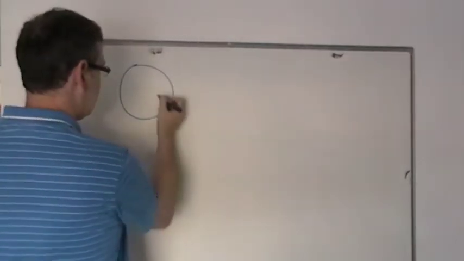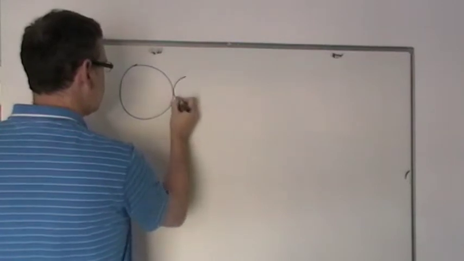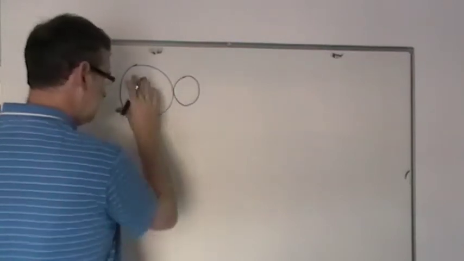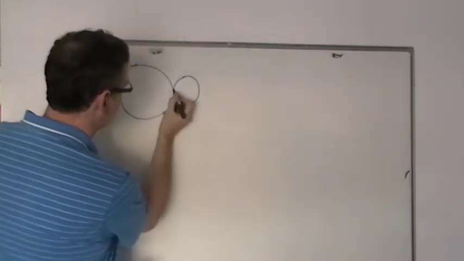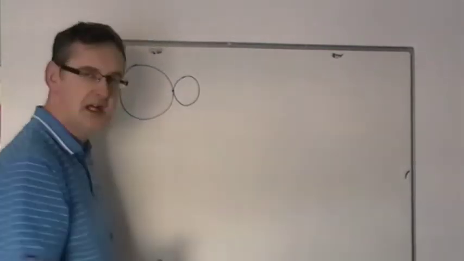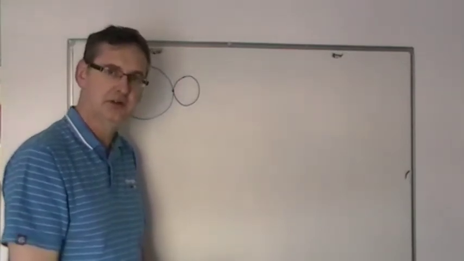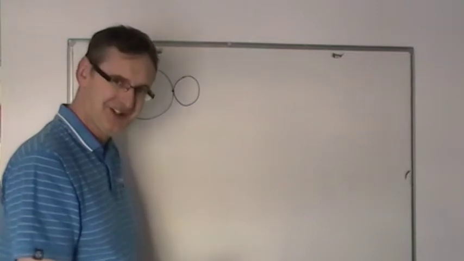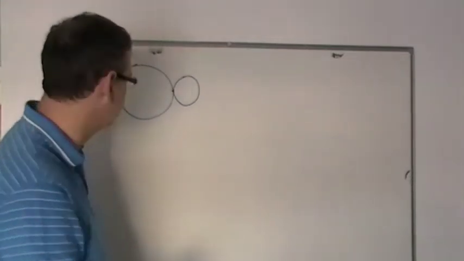The last one I did had them intersecting like so. I'm going to carry on moving it to the right, so now the smaller circle has moved a bit further right and it is still intersecting, but this time it's only intersecting at one point, and that point is external to both circles. So we've got just one external intersection point.